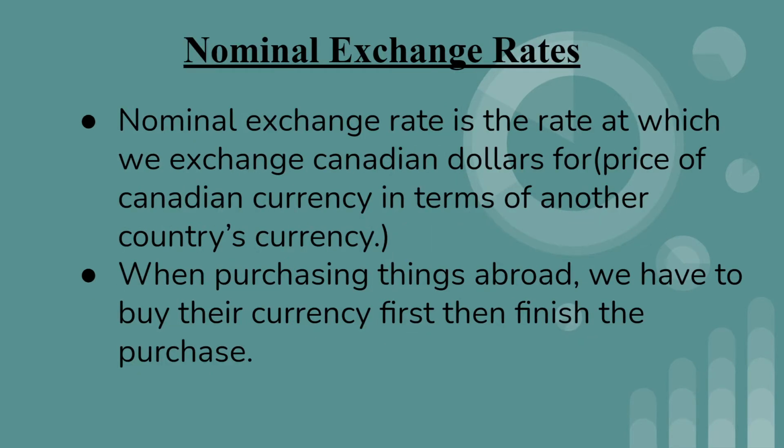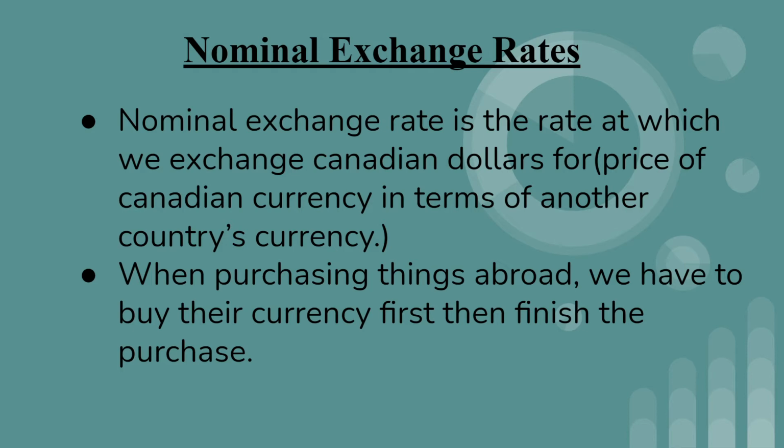So the first type of exchange rate is the nominal exchange rate, and this is the rate at which we exchange Canadian dollars for other currency. Basically, it's the price of Canadian dollars in terms of any other currency. And I'm going to be using Canadian dollars mostly as the local currency, but of course this works with any two given currencies.